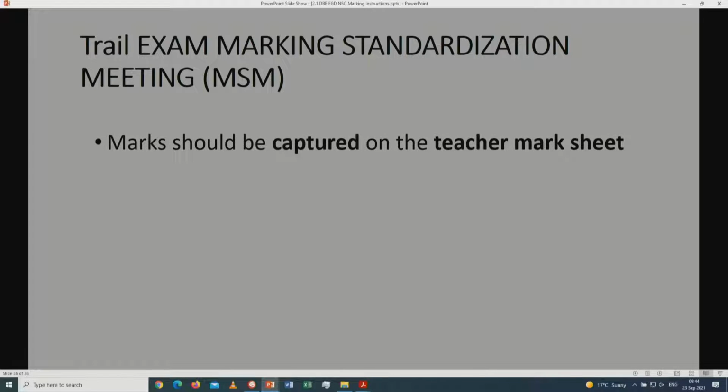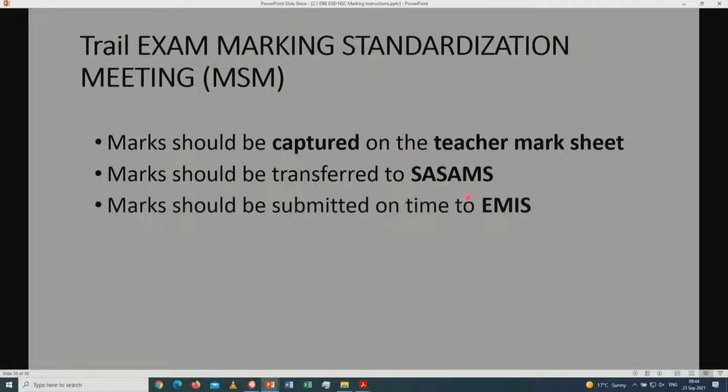Then of course capture the marks on the teacher mark sheets. From the teacher mark sheet you will go to SA-SAMS and you will capture the marks on SA-SAMS, and that needs to go to EMIS. Please, ladies and gentlemen, your EMIS operators or your SAMS operators at your school must capture these things in time, because at EMIS they take all the EGD marks, all the life science marks, all the science and mathematics marks, and then of course the subject advisors and the provincial educational specialists need to analyze the marks.